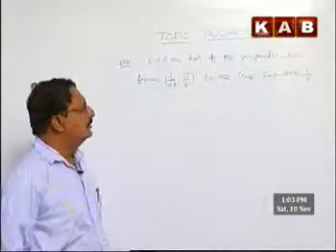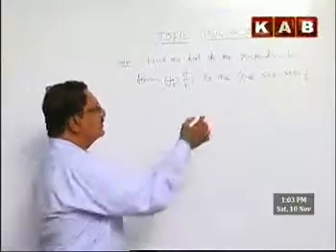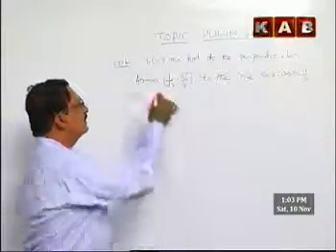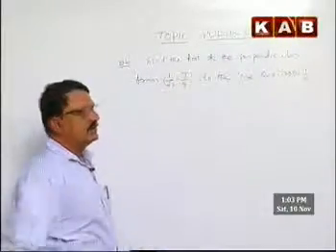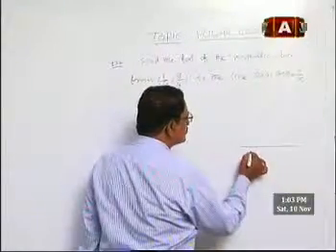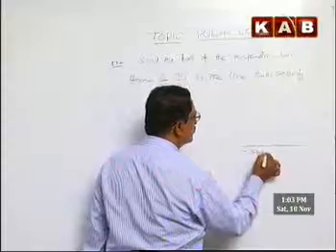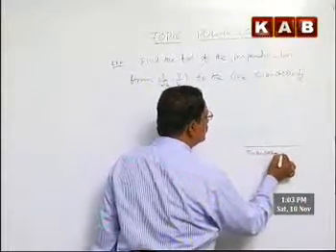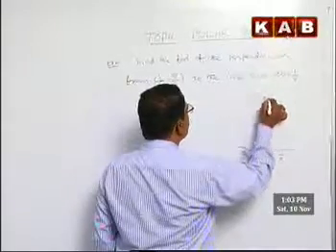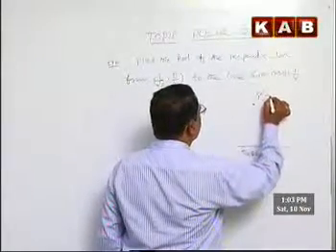Now, given equation of the line sin theta minus cos theta equals to 1 by r and given point 1 by root 2 comma pi by 4. Consider the point P 1 by root 2 comma pi by 4.